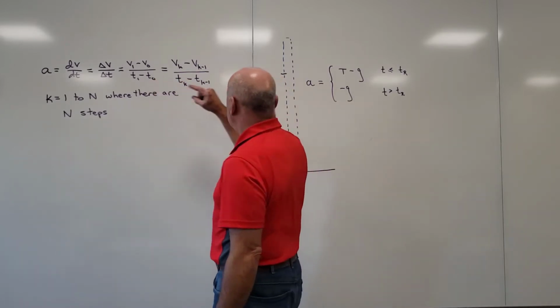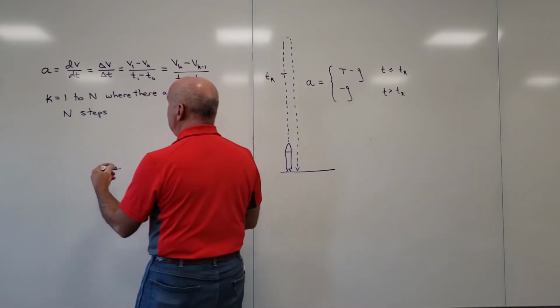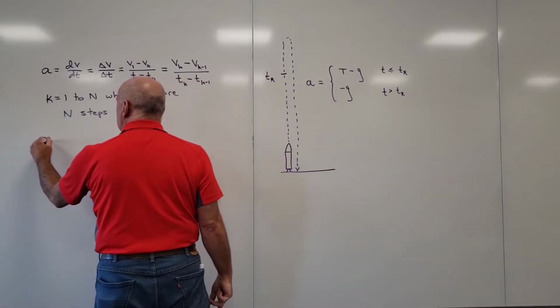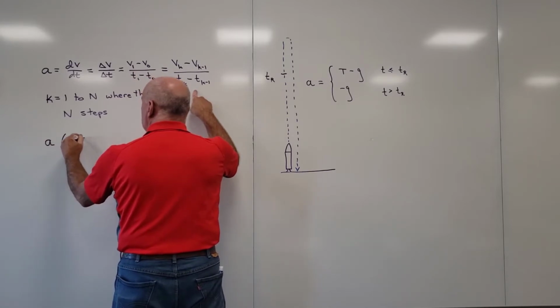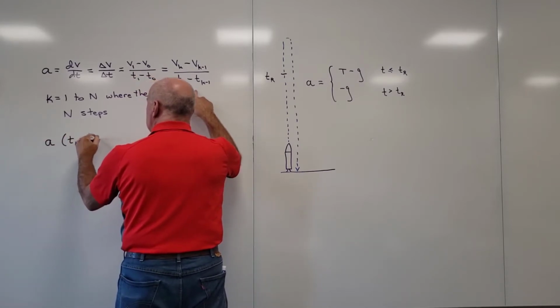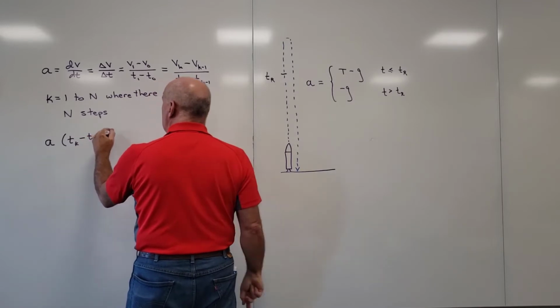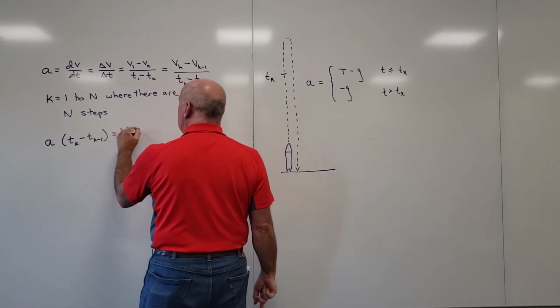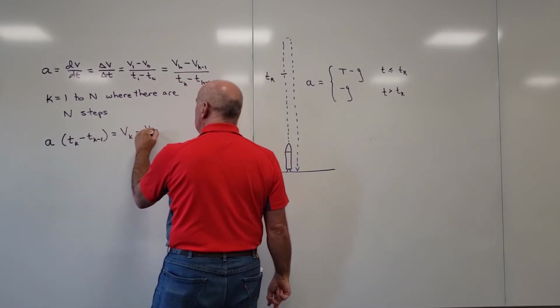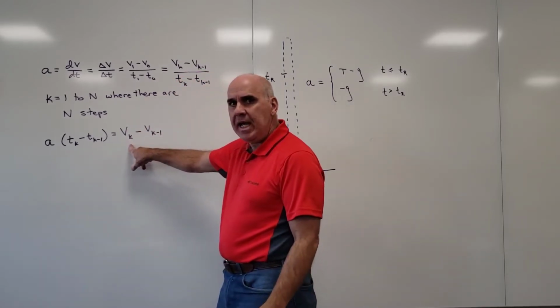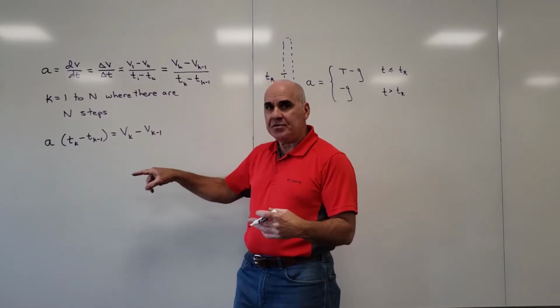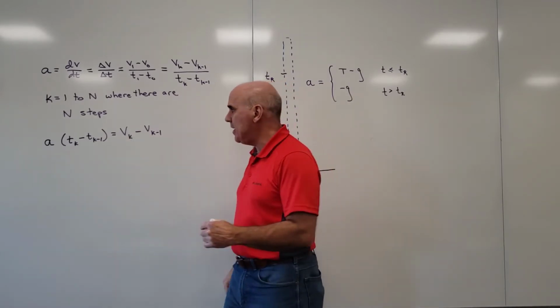All right, so the acceleration I've got. Now I need to figure out the velocity. So I can now multiply that by t sub k minus t sub k minus 1, and that's going to equal v sub k minus v sub k minus 1. And so the velocity at some point k is going to equal the previous velocity, if I bring this over to the other side, right?